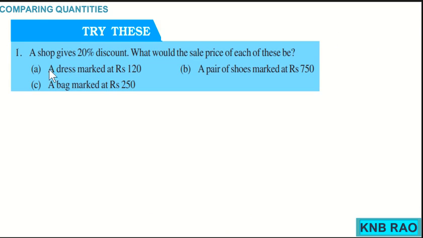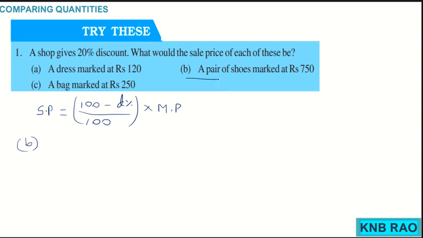Now students, we have a formula to find SP, that is 100 minus discount percentage by 100 multiplied by marked price. Now using this we will solve B. A pair of shoes marked at rupees 750.